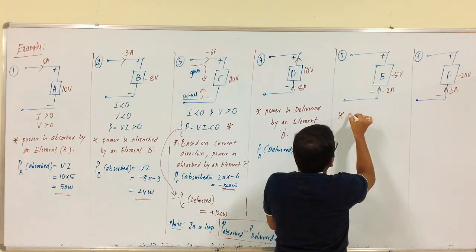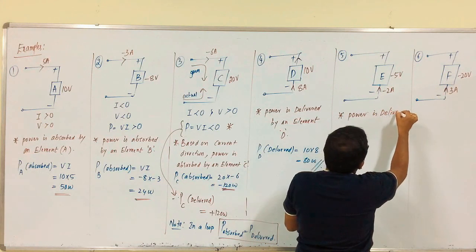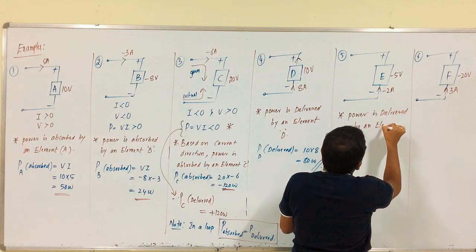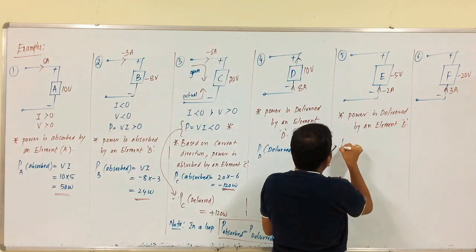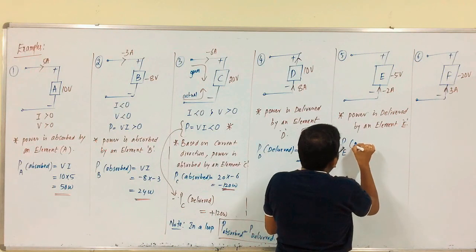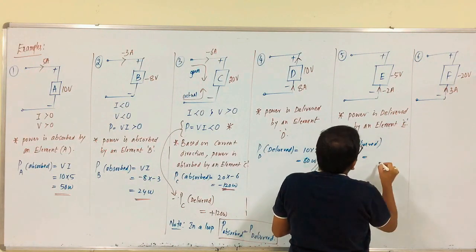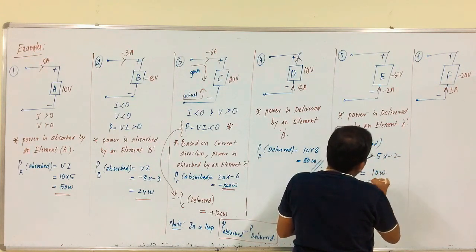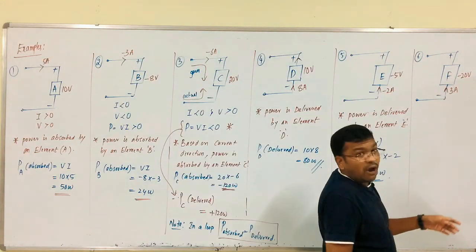Simple, the power is delivered by an element E. Then what is that power? P delivered equals minus 5 into minus 2, which equals 10 watts of power delivered from that element. Now, we have to discuss this problem.